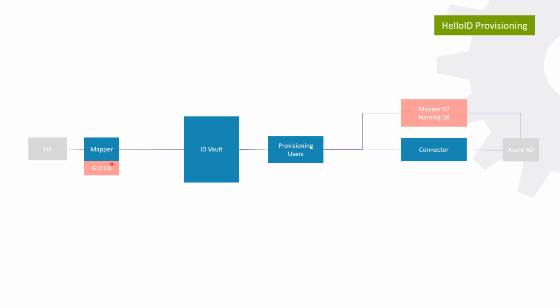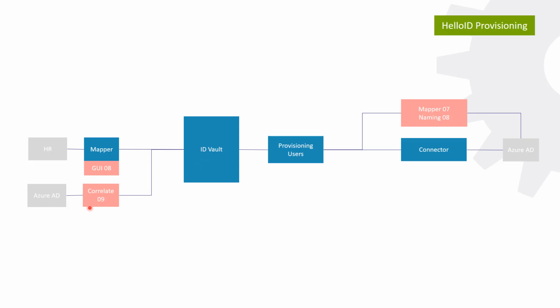The GUI: there is a mapper available, the functionality is available, but now it's still in JSON and JavaScript. In August there will be a very nice graphical mapper to map that information from an HR source to the HelloID vault. In September we're going to add the correlation, or the linking of existing accounts, to the HelloID vault.